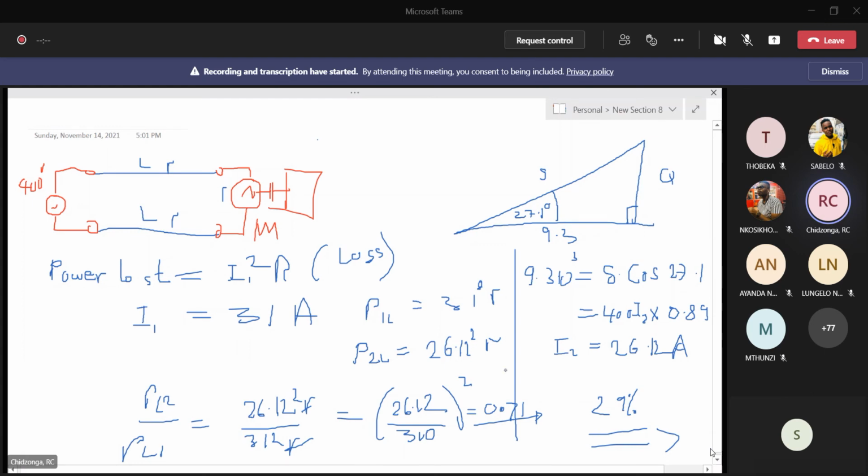And that is because of the square law that you see here. The loss is proportional to the current in the two cases squared. So a small change in the current, a small improvement in the power factor, means a lot in terms of the losses, which translates to a lot of other things of benefit to a power utility.